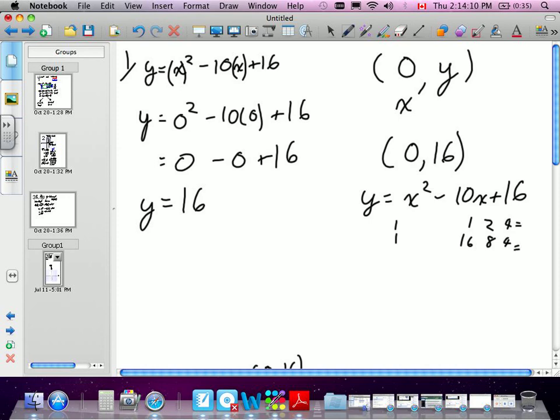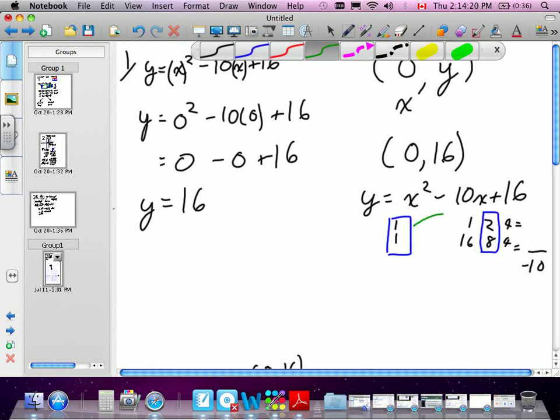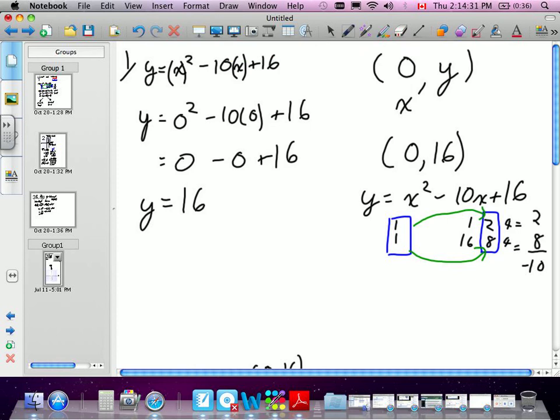I'm going to tell you from doing this, it's going to be 2 and 8, and they both need to be negative. So when we multiply 1 by 2, we get 2. 1 by 8, we get 8. And in order for them to create negative 10, we need both of these terms to be negative.